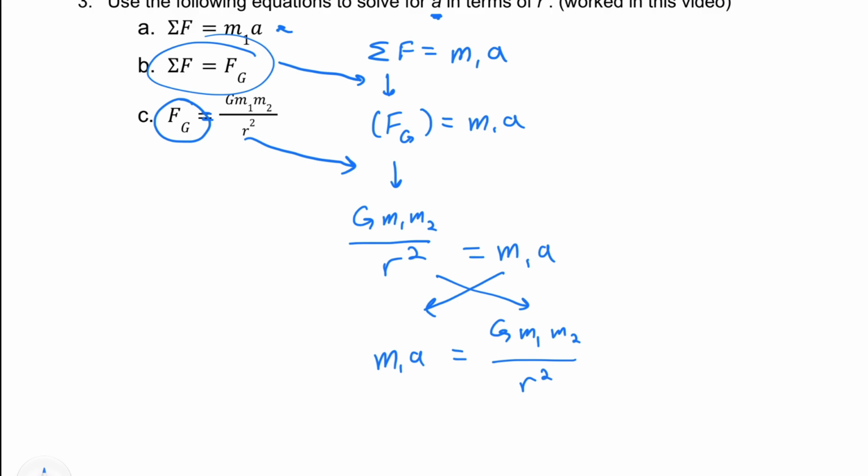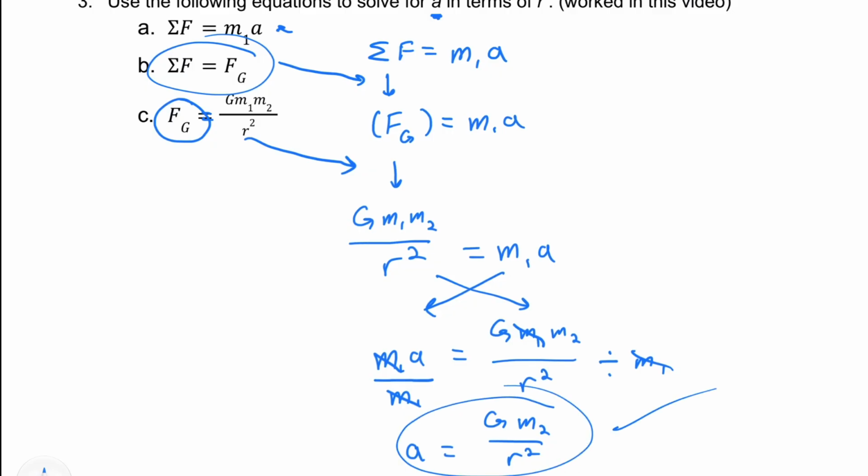What's happening with the a on the left side is it's being multiplied by m1, so let's divide by m1. If we do that on the left side, we do it on the right side. Since m1's in the numerator, that cancels out. We end up with a by itself on the left side equals big G times m2 divided by r squared, our acceleration in terms of r. Great, that is our answer there.